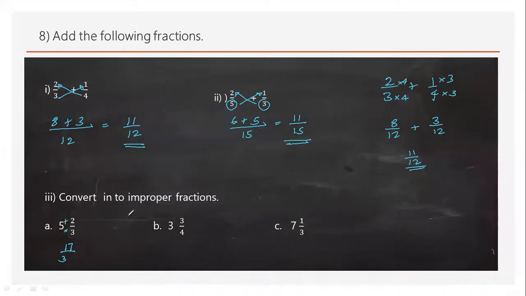That is 17 over 3. Now multiply this 2. If someone can't do it straight, never mind. 4 times 3 plus 3 divided by 4. 4 times 3, 12. 12 plus 3, 15 over 4. 7 times 3, 21. 21 plus 1, 22 over 3. These are the answers here.